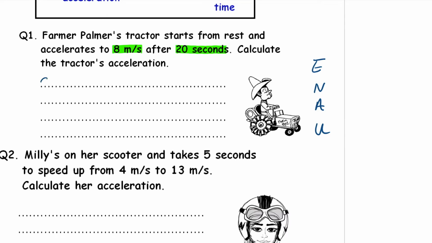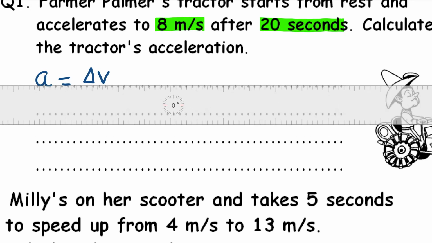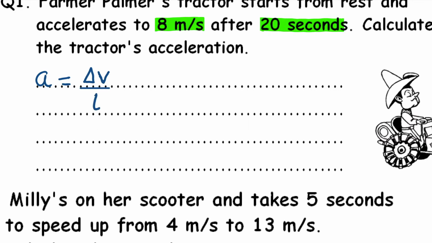The equation for acceleration is change in velocity. Wherever you see a little triangle like that, it means the change in something. Change in velocity divided by or over time. That's the equation, that's your E.